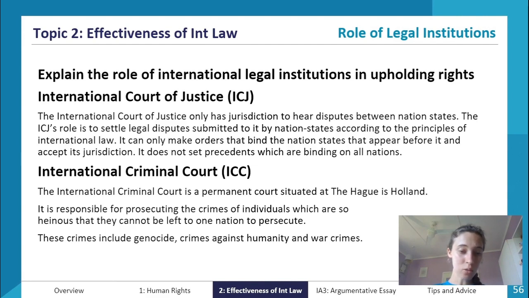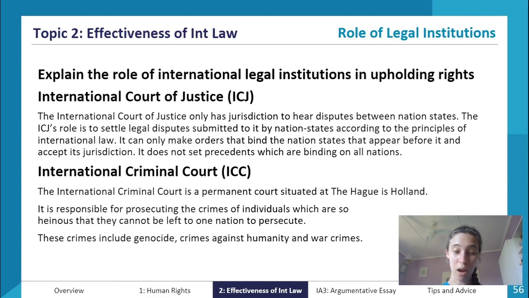And then the International Criminal Court is quite different with its responsibility. So the crimes that they are looking at are crimes, not disputes between nation states, but crimes of individuals.